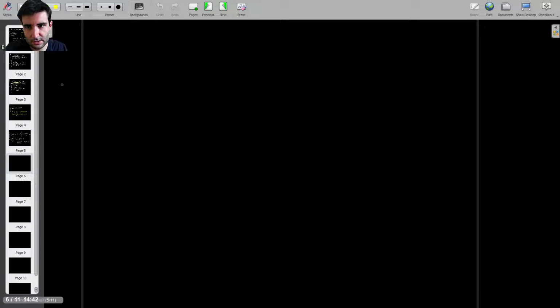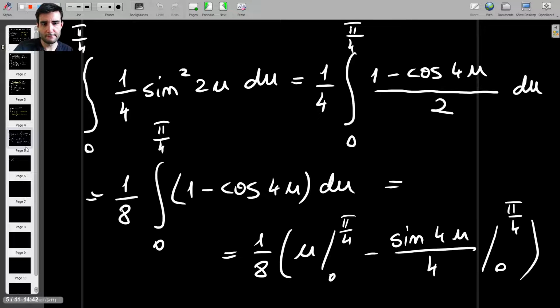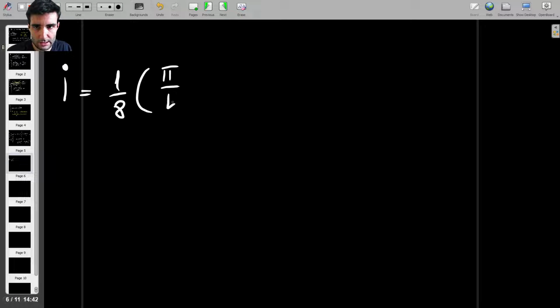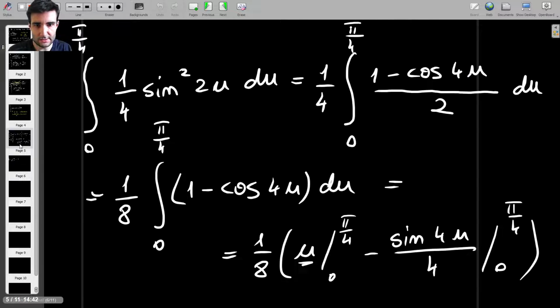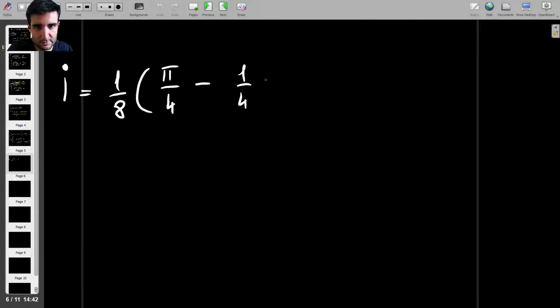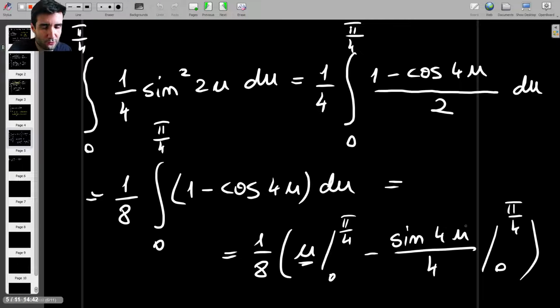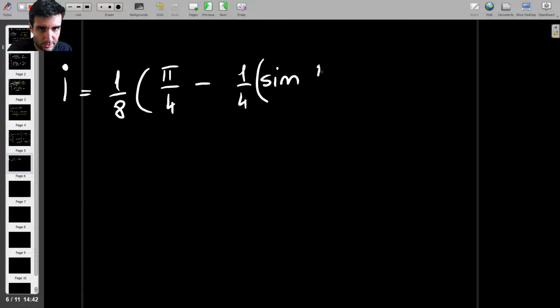So finally our integral becomes 1 over 8 multiplied by pi over 4, and then we subtract 1 over 4, and we substitute u first as pi over 4 and then as 0. So this is sine of 4 times pi over 4, which is just sine of pi, minus sine of 0.